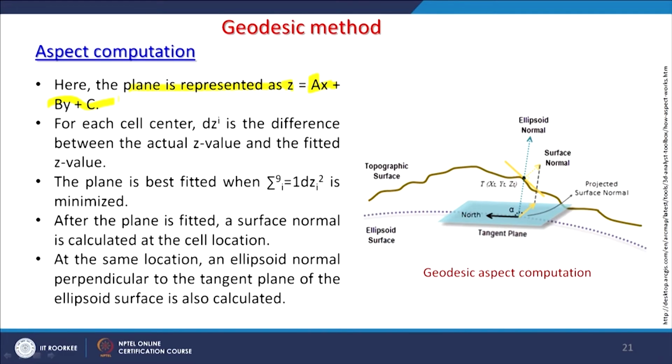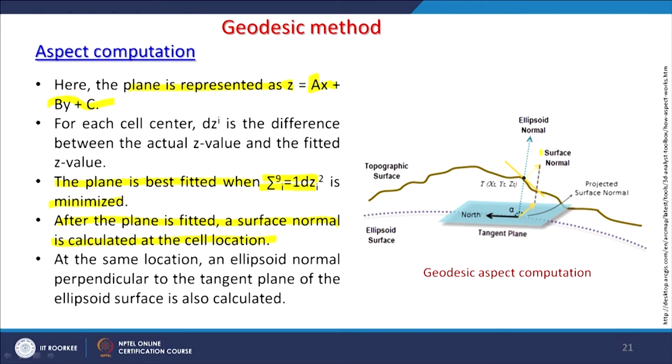So, there will be a difference in the z value. That also has to be counted while doing this aspect calculation employing the geodesic 3D Cartesian system. Then the plane is fitted with this formula which minimizes the variance, and after the plane is fitted, a surface normal is calculated like this.